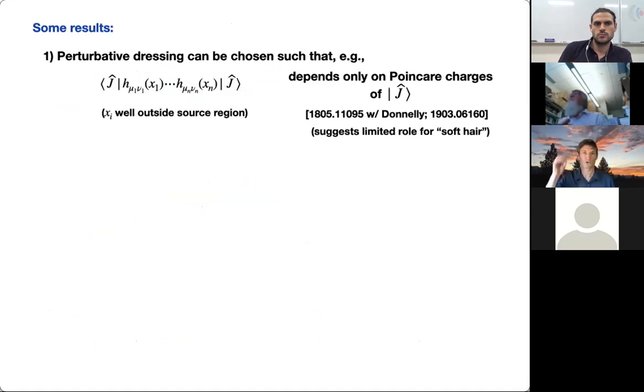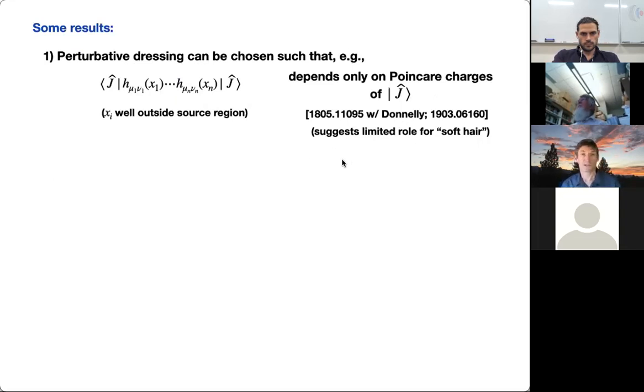First of all, I said there were choices of this dressing, and in fact, the perturbative dressing can be chosen so that, say, in one of these states, if you look at n-point functions of the metric perturbation, those only depend on the total Poincare charges of the state you created inside the neighborhood. So from these perturbative n-point functions, you aren't sensitive to all the details of that state, just the total Poincare charges.